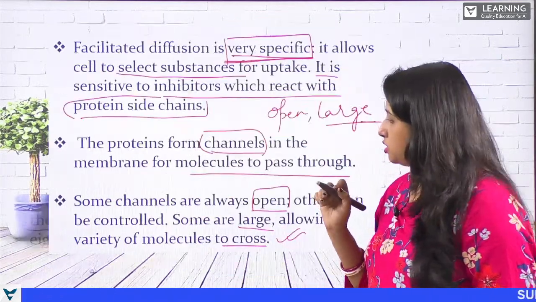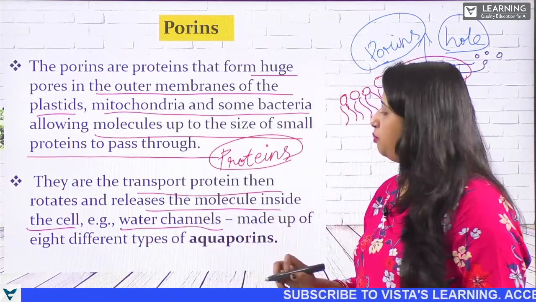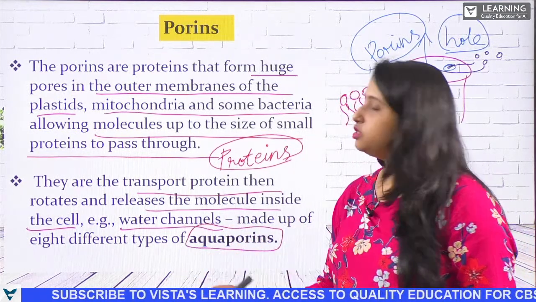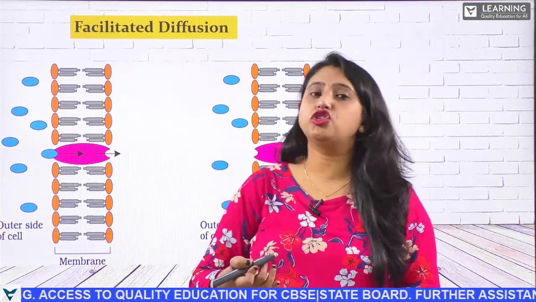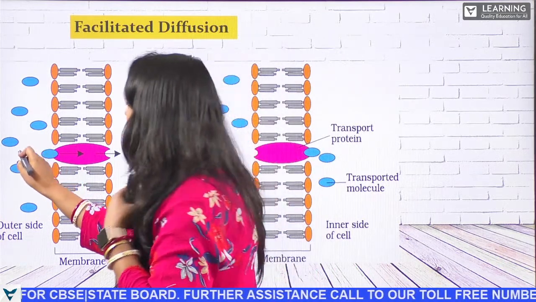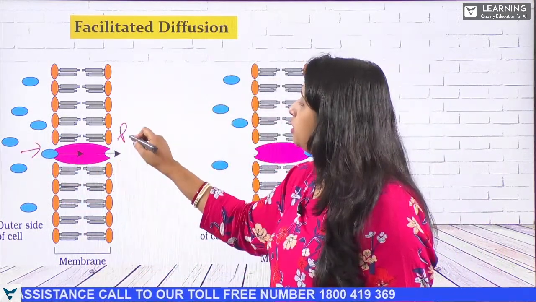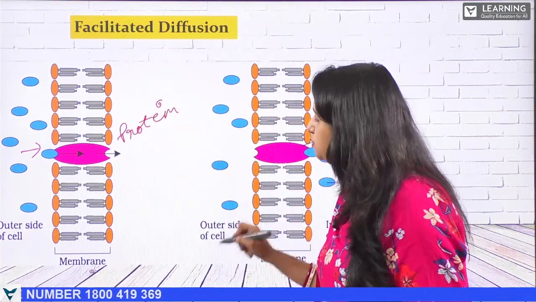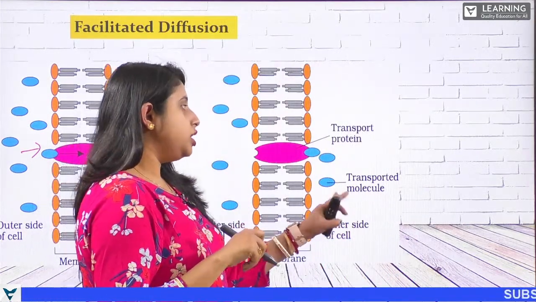For example, water channels are made up of 8 different types of proteins, known as aquaporins. See, this is the picture from your NCERT. It is very simple: the molecules are coming, and with the help of the protein channel they are sent from the outer side of the membrane to the inner side.